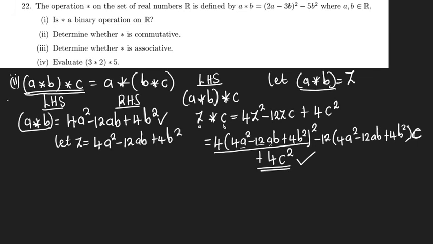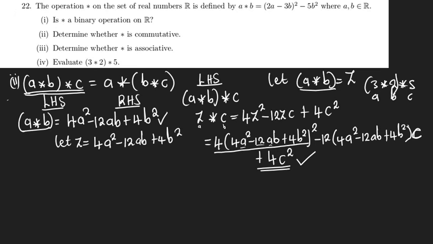Okay, so the question is saying we evaluate 3 star 2 star 5. Of course, this is going to be my A, my B, my C.